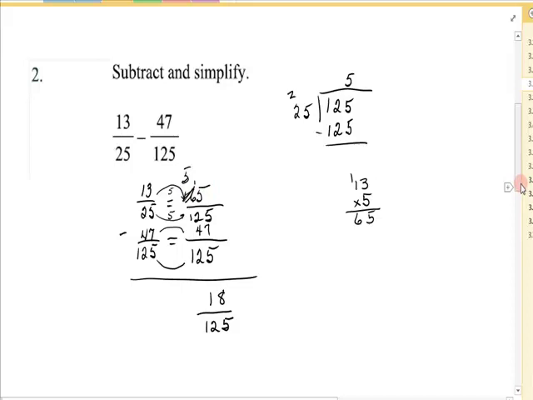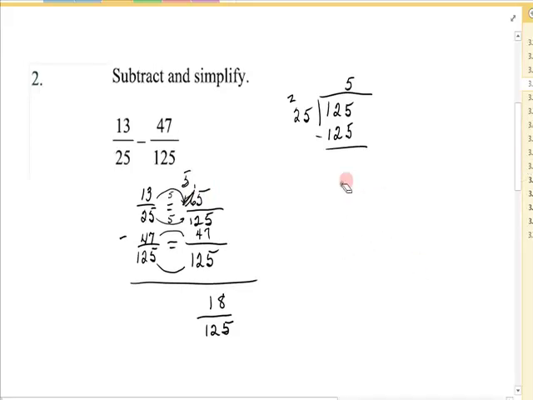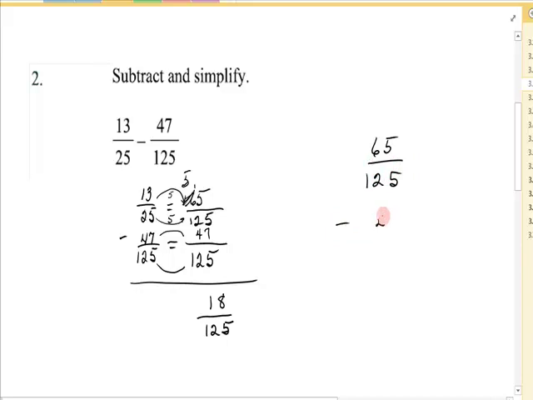I have 65 over 125, and I'm subtracting 47 over 125. I could not take the 7 from the 5, so I borrowed from the 6 and brought the 1 over. Now it's 7 from 15, which is 8, and 4 from 5, which is 1, and those are 125ths.